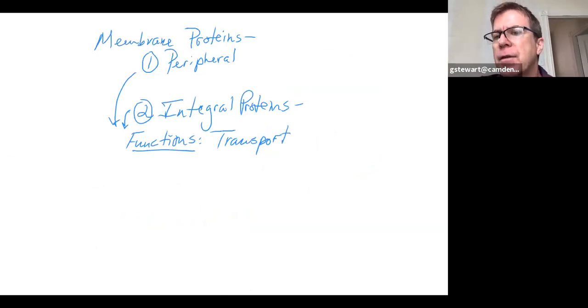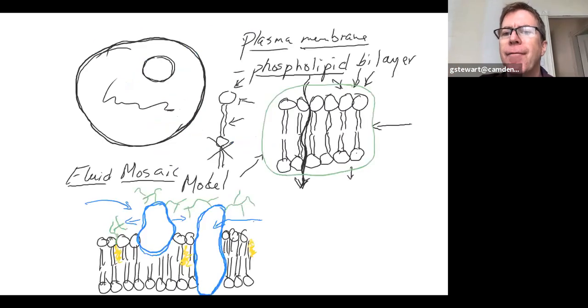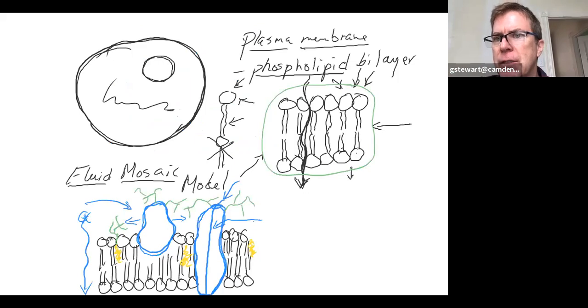Well, if something needs to get from one side of the membrane to the other, and that something, whatever it is, does not easily slide right through this membrane, then it may use particularly an integral protein to make its way through. Now these integral proteins, they can be channels that are just basically hollow tubes that allow a substance to slip right through this membrane, or they can be carrier proteins.